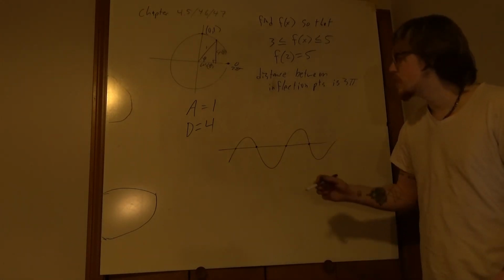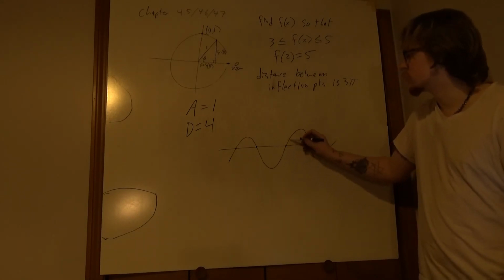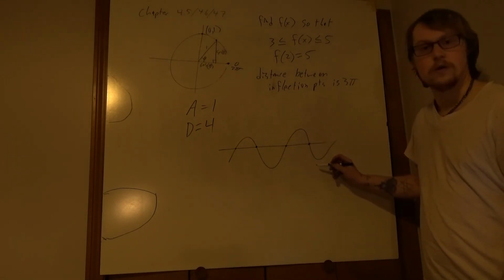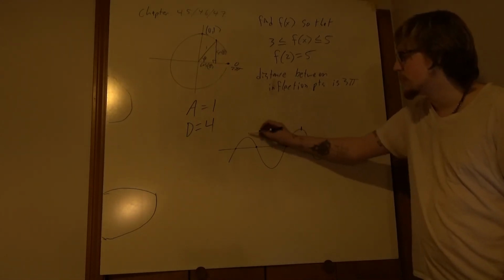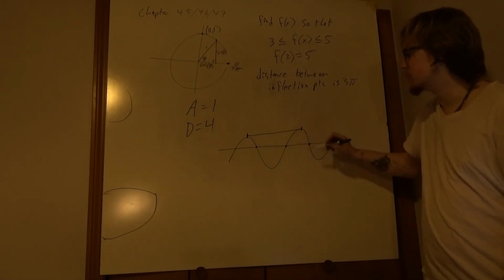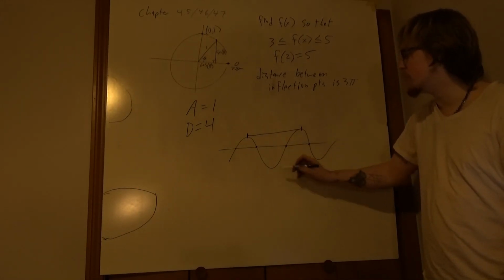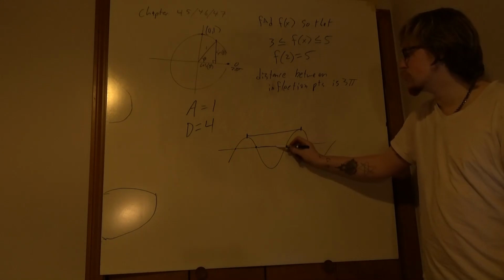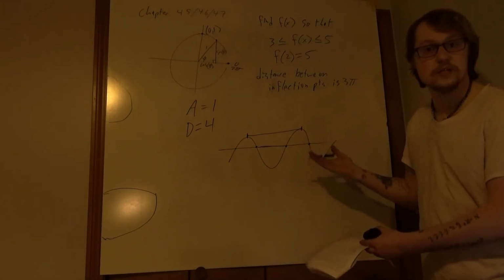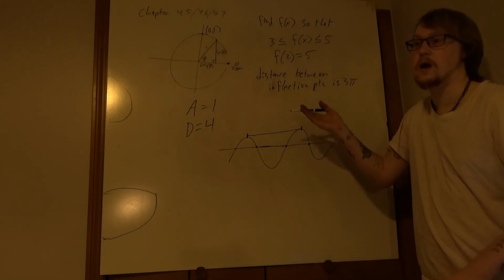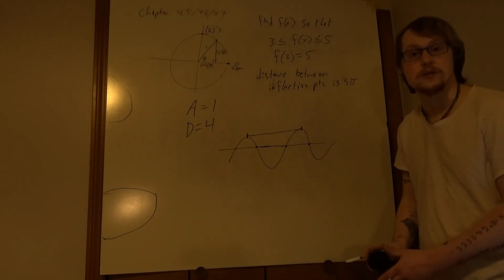We also know that the function goes up and down per peak, which means that it crosses the x-axis twice for every one peak. So the distance between peaks is going to wind up being exactly 2 times the distance between zeros. Since we don't have any zeros because everything's shifted, it's going to be the distance between the inflection points.